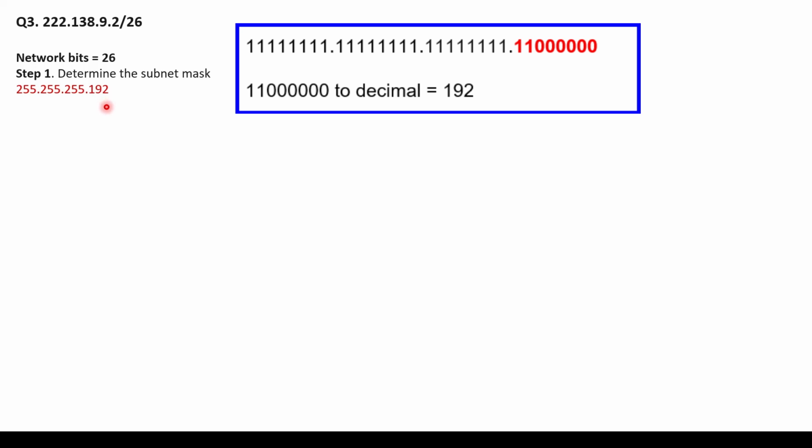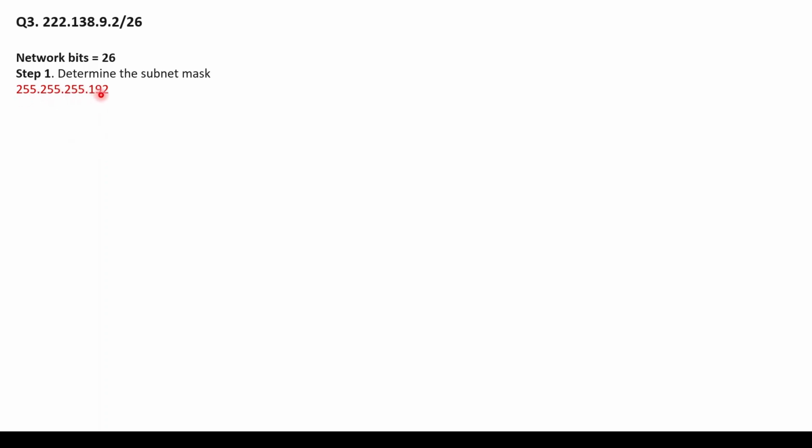So we have 1, 1, and then the remaining 6 bits are zeros because there are 8 bits. The first 2 are reserved for the network. The remaining 6 are zeros reserved for the host addresses. So converting 1, 1, and then 6 zeros in binary to decimal will give you 192. That is how we got this 255.255.255.192 as our subnet mask.